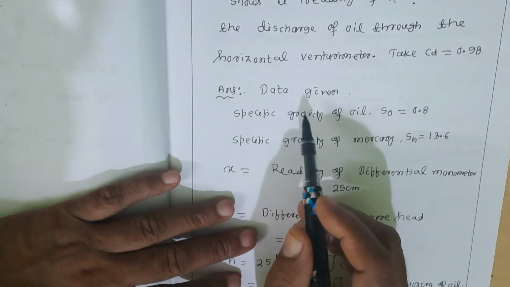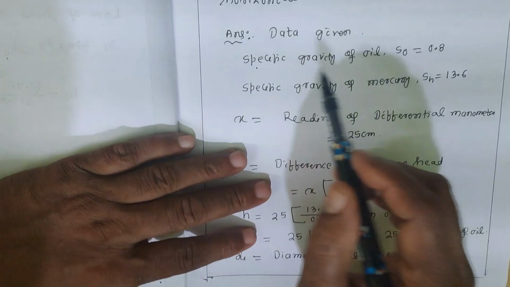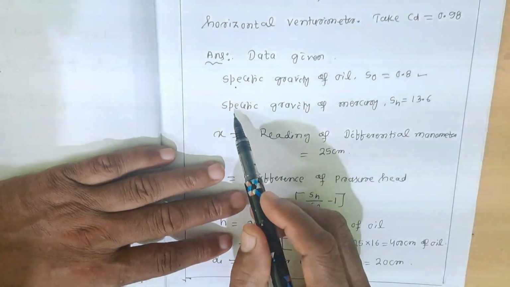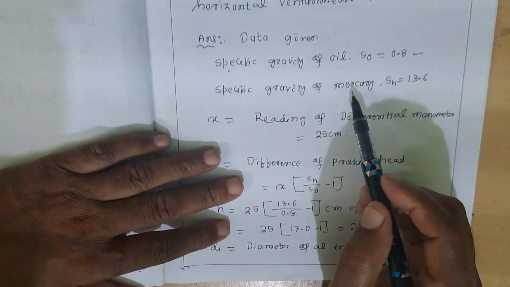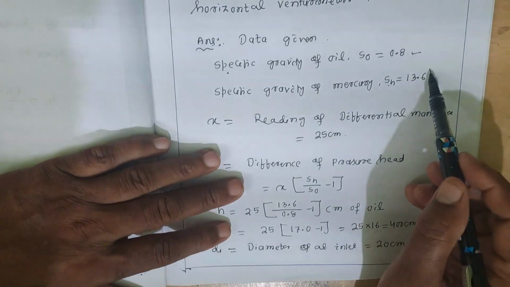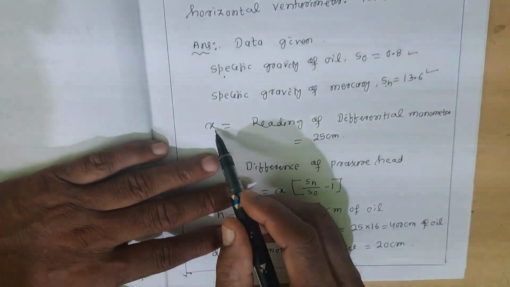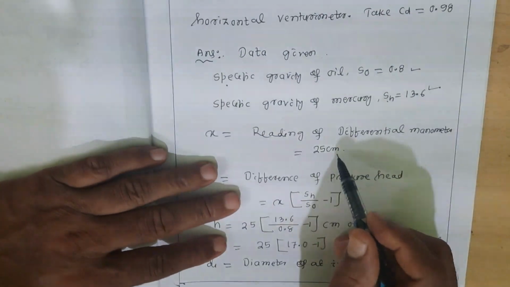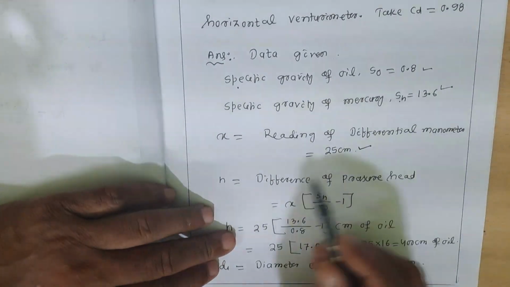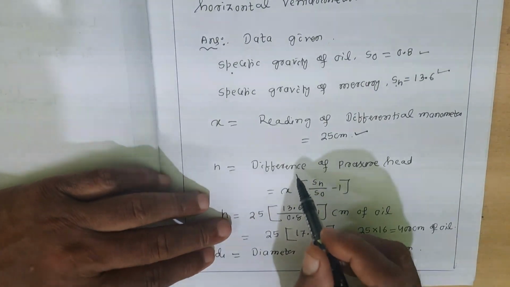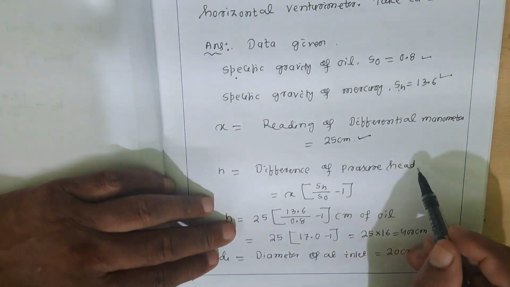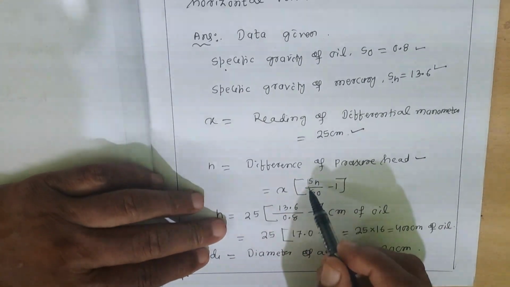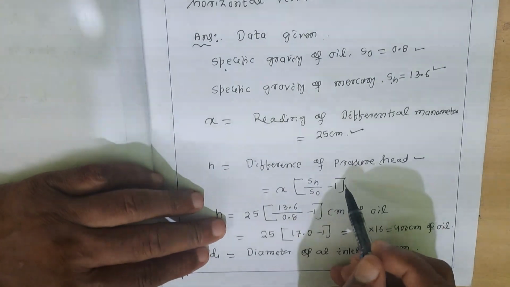First of all, data given. Specific gravity of oil S0 is equal to 0.8. Specific gravity of mercury SH is equal to 13.6. X, the reading of the differential manometer, is equal to 25 cm. Then H, the difference of pressure head, is equal to X within bracket SH by S0 minus 1.